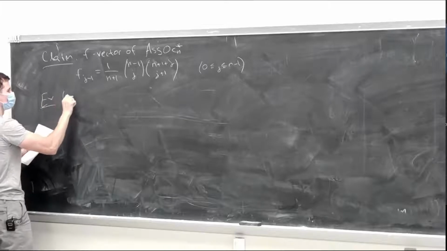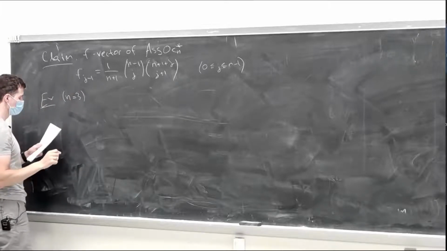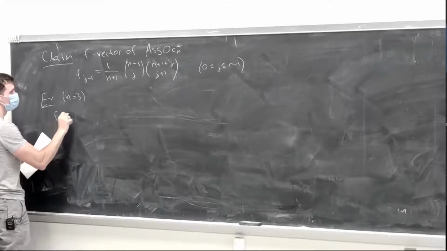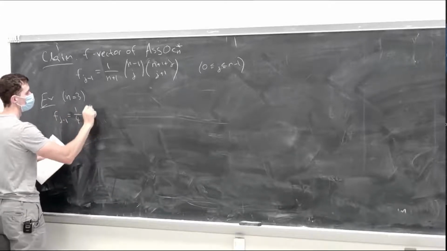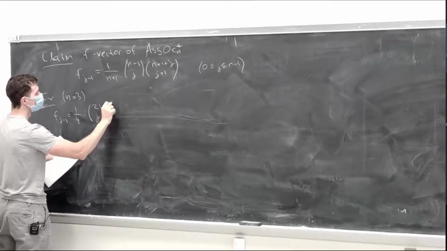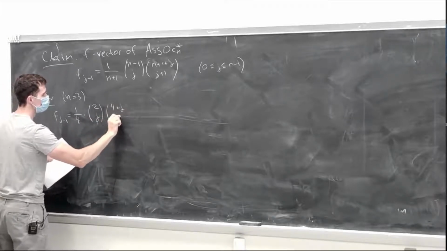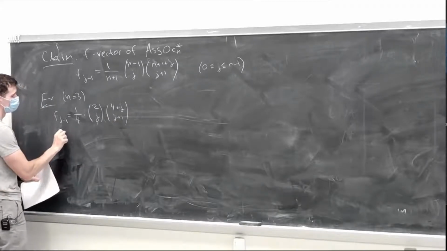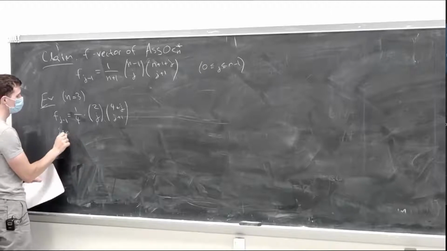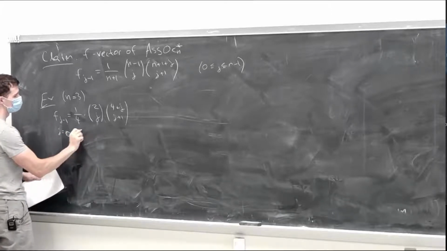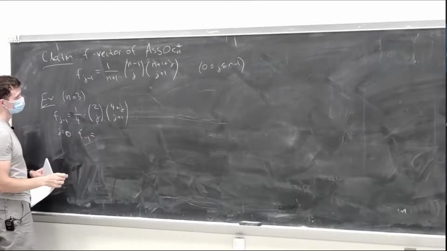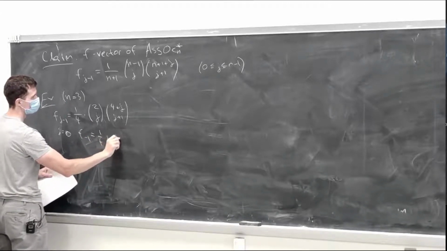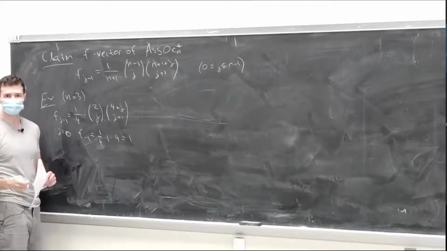Let's say I take n equals 3. Then my formula becomes f sub j minus 1 equals 1 over 4 times 2 choose j times 4 plus j choose j plus 1. And if j is 0, I should get f sub minus 1 is 1/4 times 1 times, which is 1.